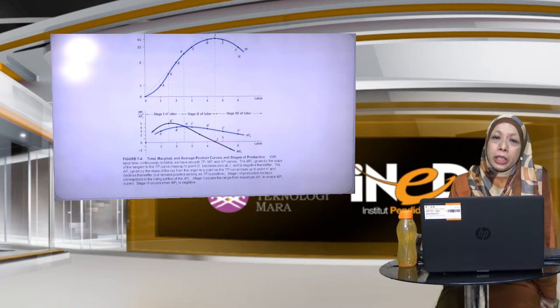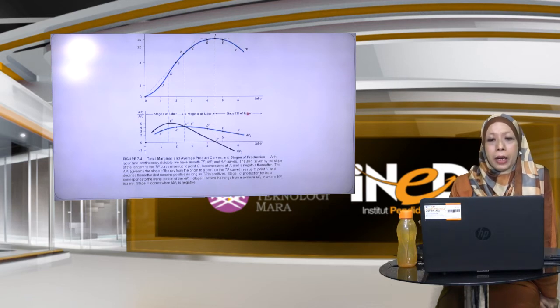If you know you want to produce less, you might as well produce somewhere here, isn't it? And you incur less labor cost. So looking at this situation, you can see that stage 3 is a strict no-go area. So basically you are prohibited to produce in stage 3. You're going to incur a loss.